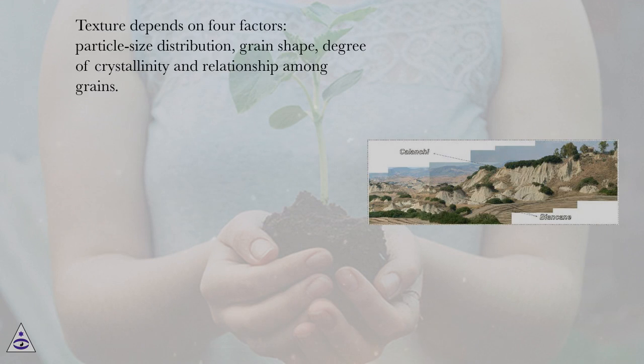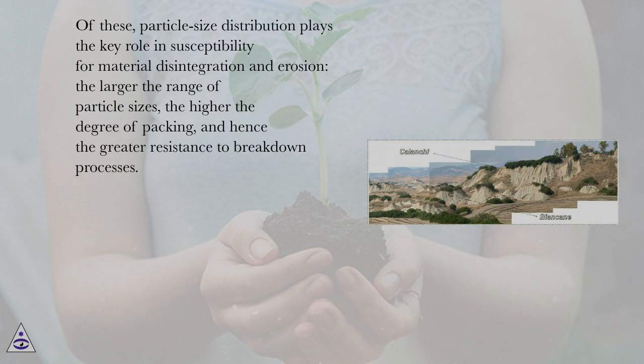Texture depends on four factors: particle size distribution, grain shape, degree of crystallinity and relationship among grains. Of these, particle size distribution plays the key role in susceptibility for material disintegration and erosion. The larger the range of particle sizes, the higher the degree of packing, and hence the greater resistance to breakdown processes.